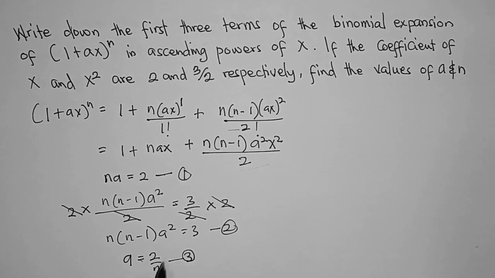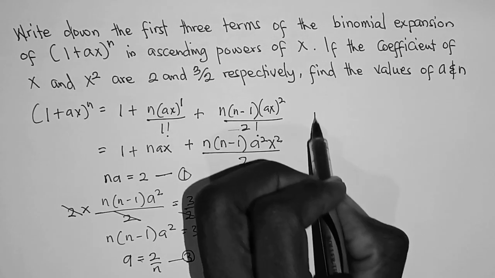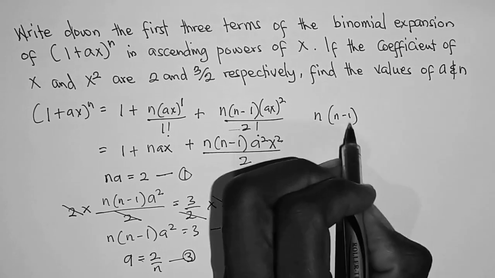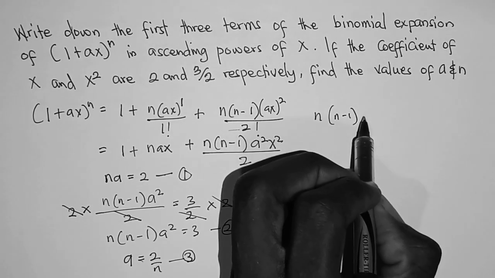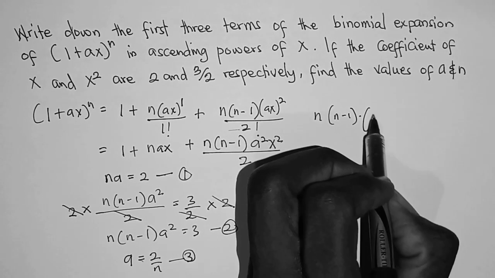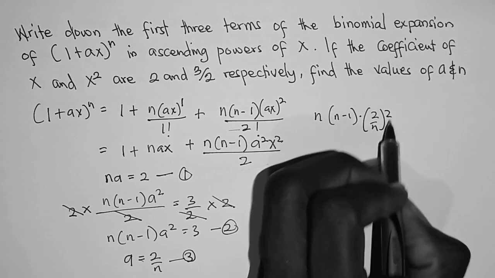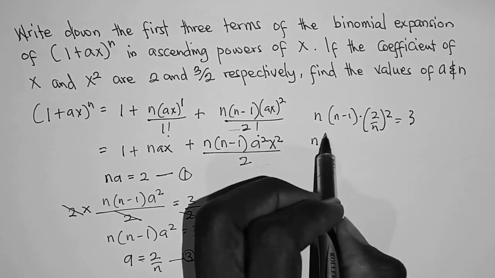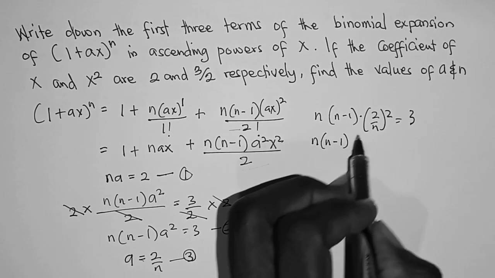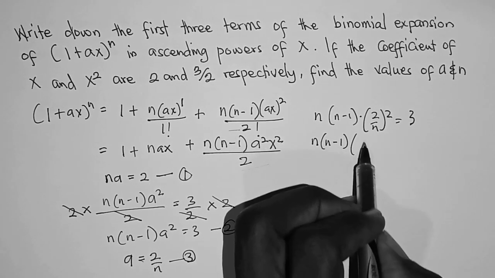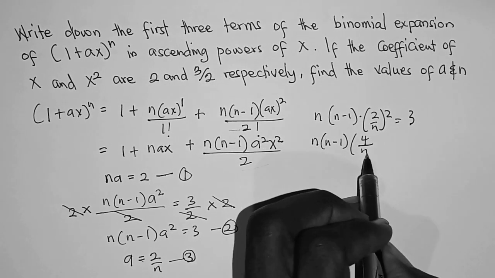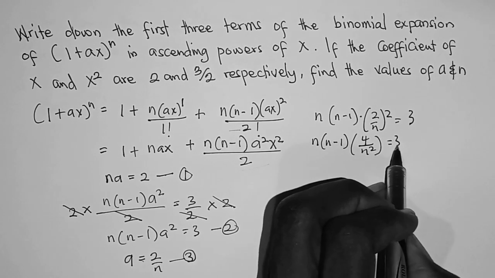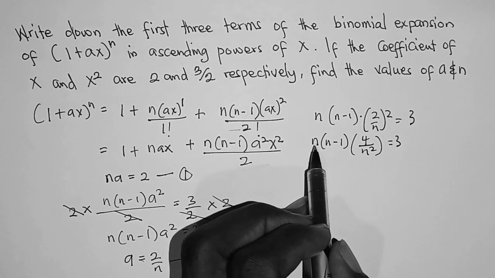And then we can put equation 3 into equation 2. So this becomes n times n minus 1, then a squared becomes times 2 over n squared, equals 3. So n times n minus 1, then times 2 squared, which is 4, divided by n squared equals 3. So let's expand.